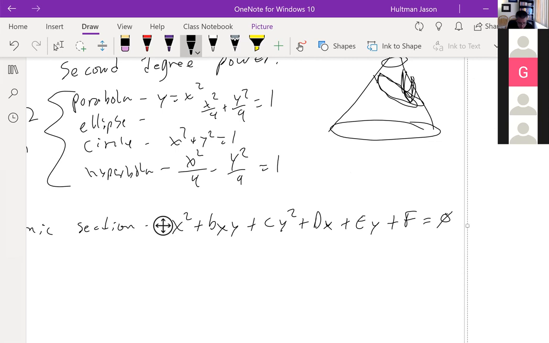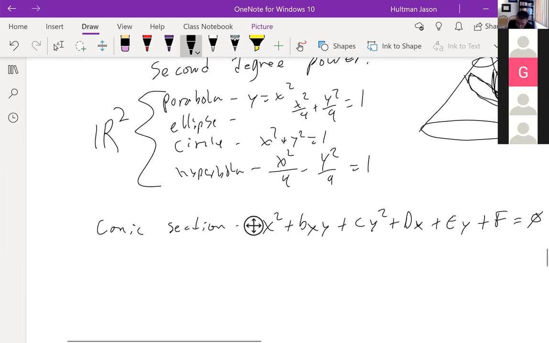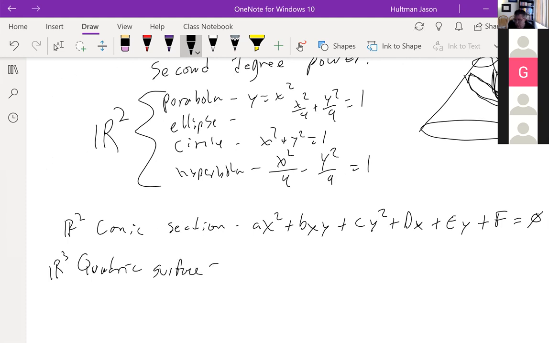For a quadric surface, because these were 2 dimensions before, we just allow all the combinations for 3 variables up to the second degree.